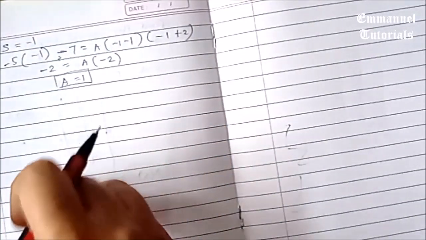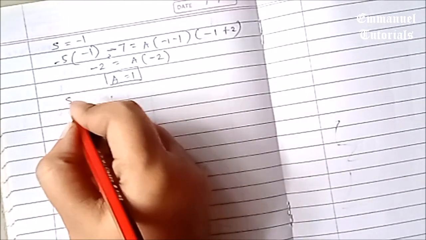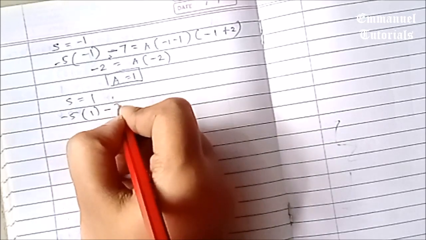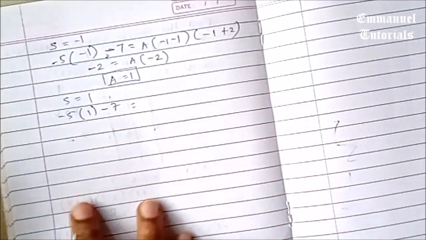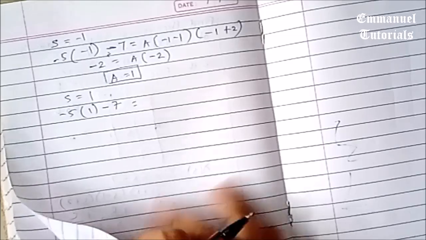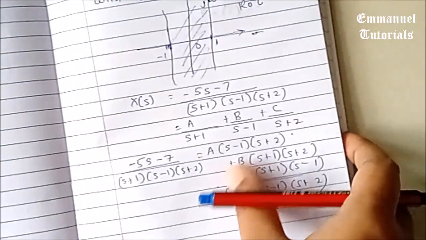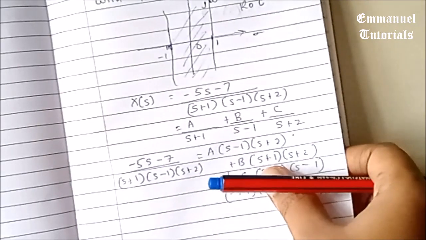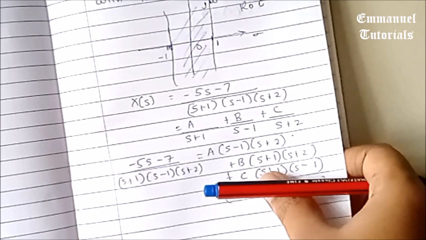Now next again for s is equal to plus 1. We'll have minus 5 into 1 minus 7 is equal to, now when s is 1, which terms will not be there? A term and C term. So only B will remain.